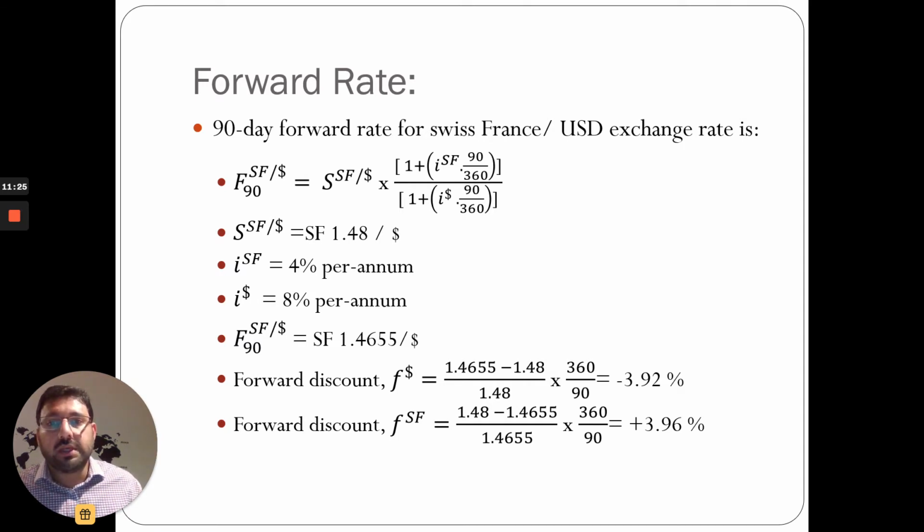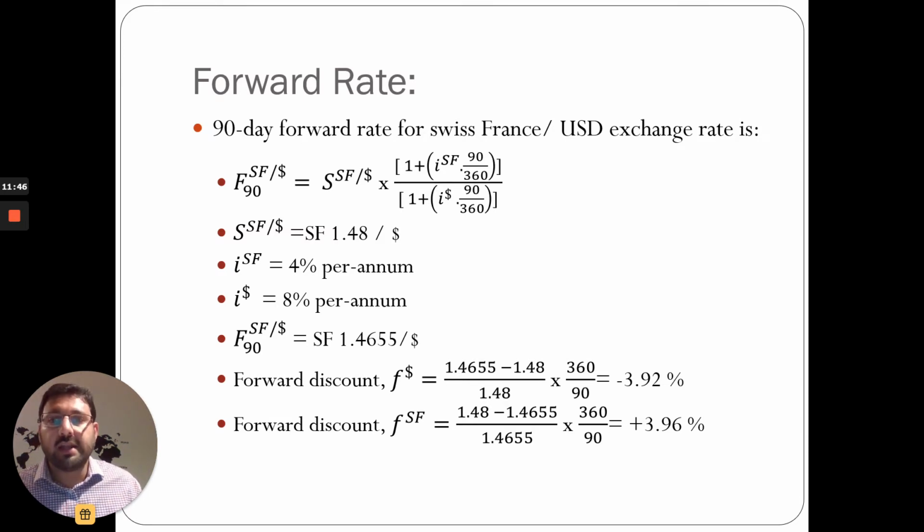And for the American citizen, this is the indirect quote, because you are using the foreign currency to buy 1 unit of the domestic currency. So in this spot rate, the base currency is the US dollar. We are buying 1 unit of the US dollar.